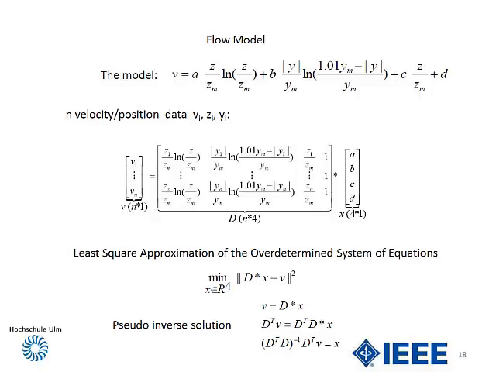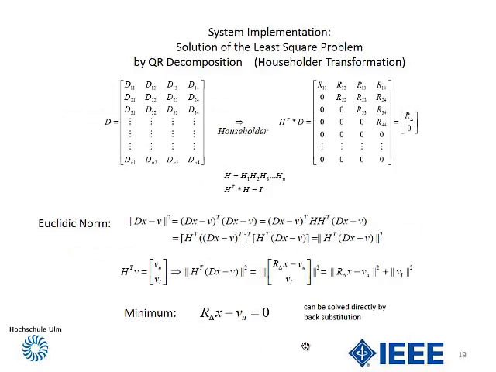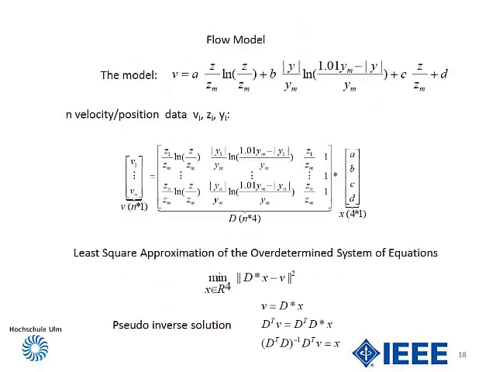We have n measurements, and we could solve the least square problem by calculating the pseudo-inverse as shown in the last row. This is a solution which works with MATLAB and works with the PC, but not with an embedded system. It would be a crazy task to make a 40 by 40 matrix inversion.